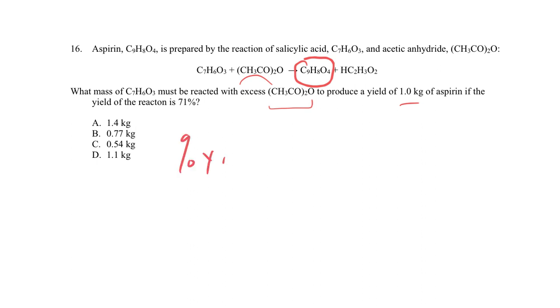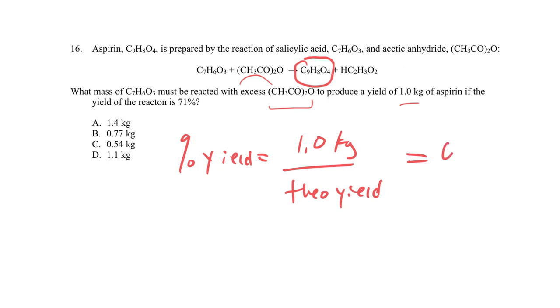So based on the percent yield, we actually want to get 1.0 kilogram. The theoretical yield we need to shoot for is therefore going to be higher than a kilogram. So I've just gone from 71% to the ratio of 0.71. And so my theoretical yield I need to shoot for is 1 kilogram divided by 0.71.